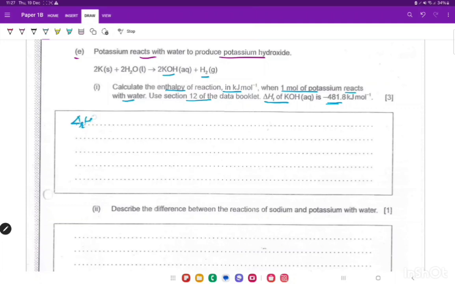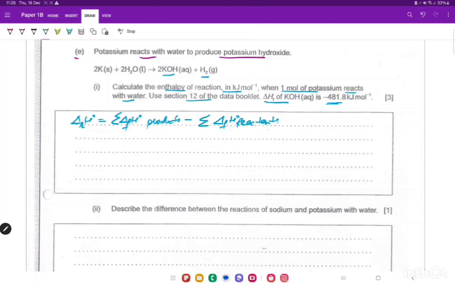The formula for the enthalpy of reaction is ΔHr° equals the summation of ΔHf° of products, the enthalpy of formation of products, minus the summation of ΔHf° of reactants, the enthalpy of formation of reactants.